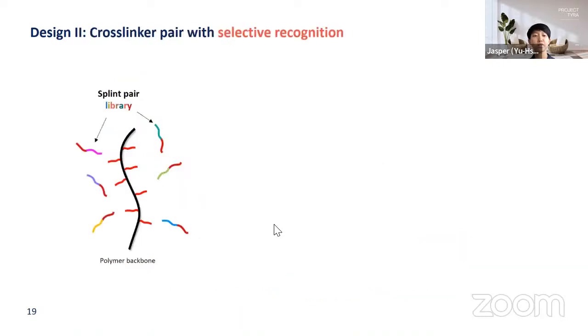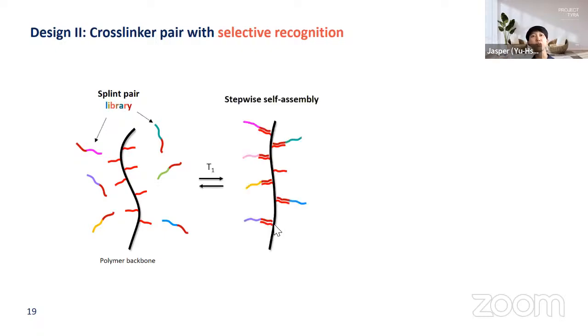Then we came up with a solution that uses a splint pair. This splint pair has two domains. One domain is complementary to the anchor strand. So when you anneal them on the thermocycler, they first bind to this anchor strand and sit on it. The trick here is that this overhang domain, we purposefully make very diverse.